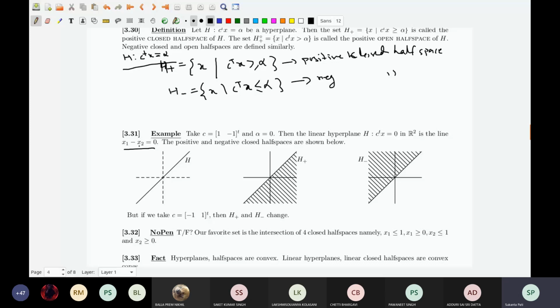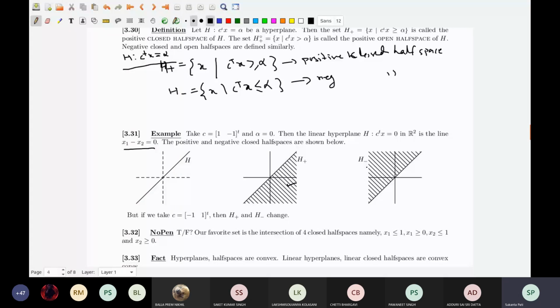H plus would be that x1 minus x2 greater than equal to 0. That means x1 is greater than equal to x2. That is how it is. That is this part, that is H plus, and then H minus would be this part, that is this one.